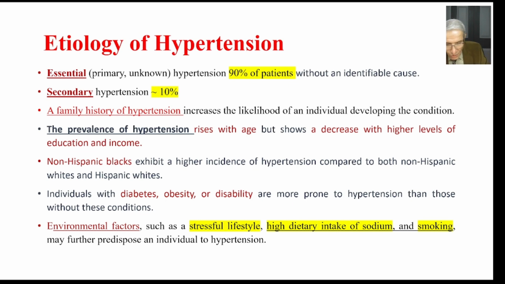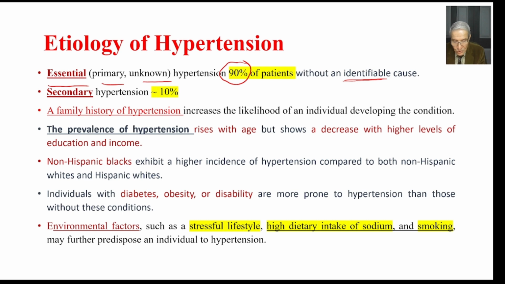Okay, now moving to the etiology, the causes of hypertension. A lot of questions may be built on this slide. What are the causes of hypertension? They said we have two main categories for the etiology of hypertension. 90% unknown. We call this essential, primary, unknown hypertension. We don't know the cause. We don't have identifiable causes for the hypertension here.